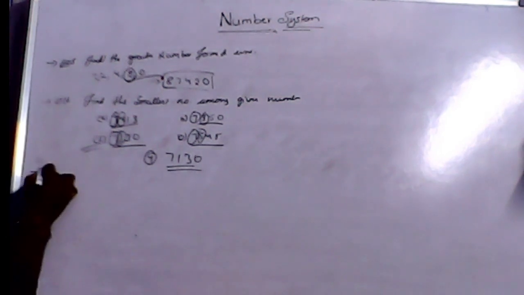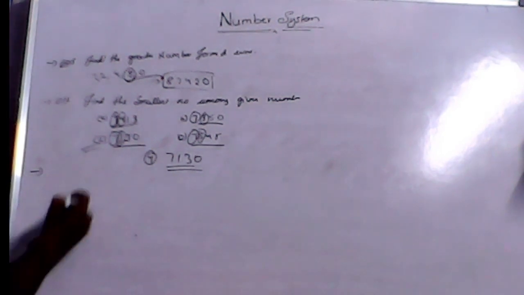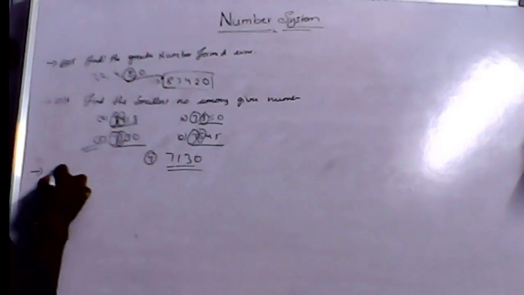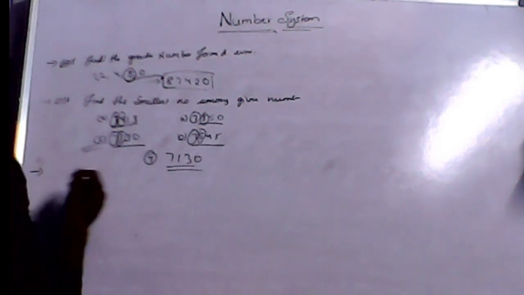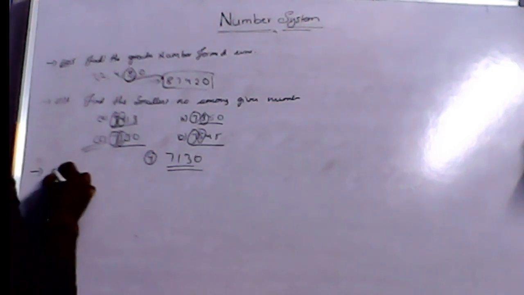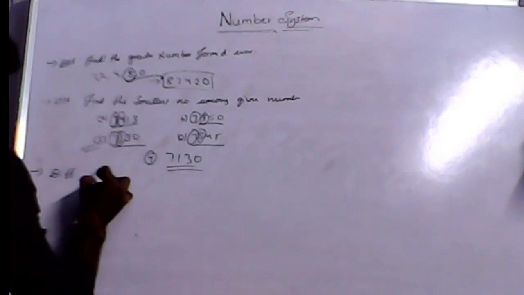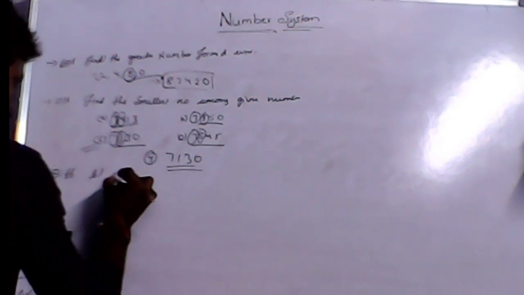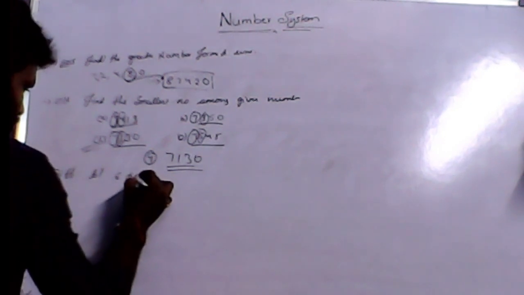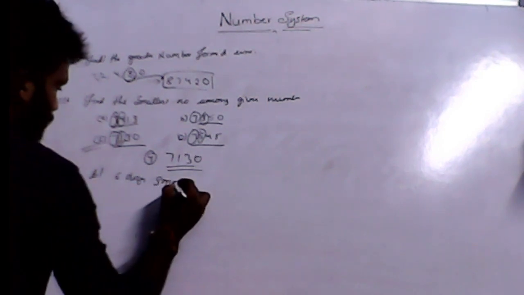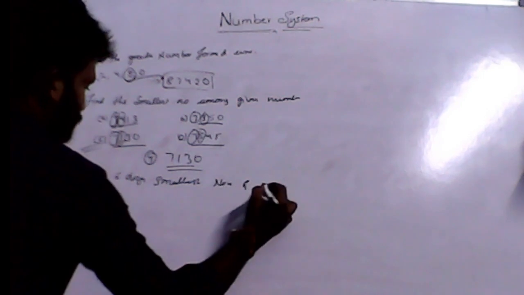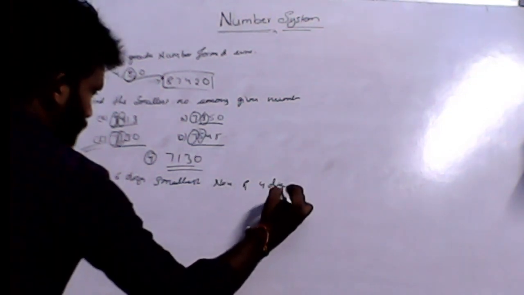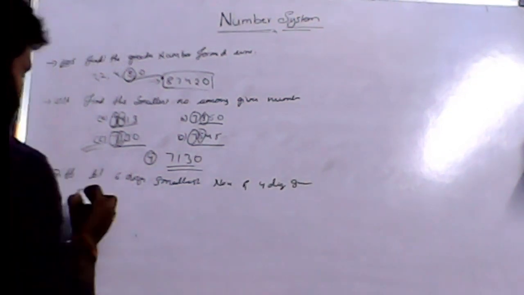Okay, and then we have one more question: the difference between the 6-digit smallest number and the 4-digit greatest number.